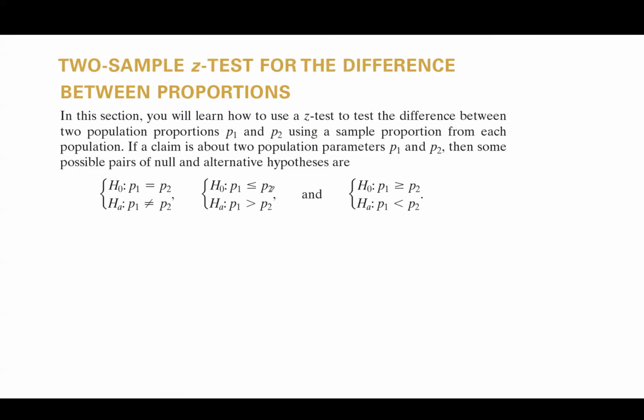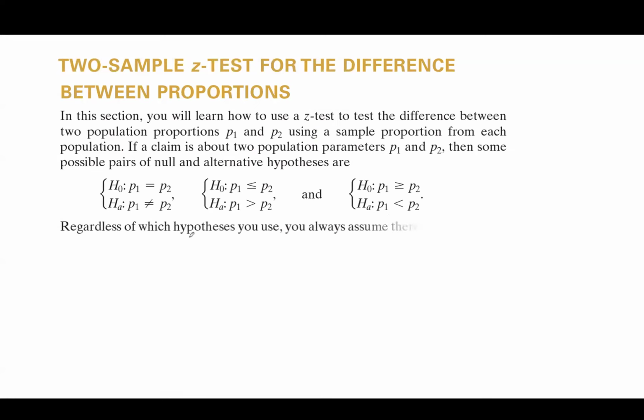Null hypothesis might say that the first population proportion is less than or equal to the second population proportion, and alternative hypothesis says no, the first population proportion is more than the second population proportion. And finally, the last category, the first population proportion is more than or equal to the second population proportion. Its complement says that P1 is less than P2.